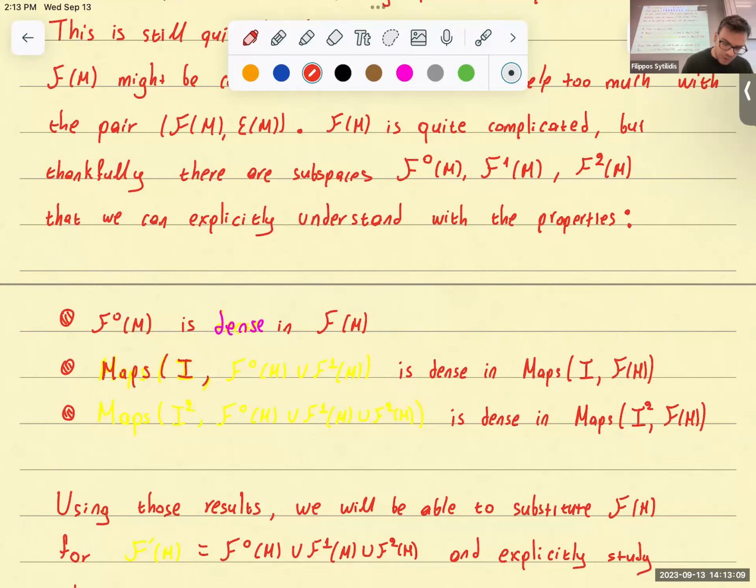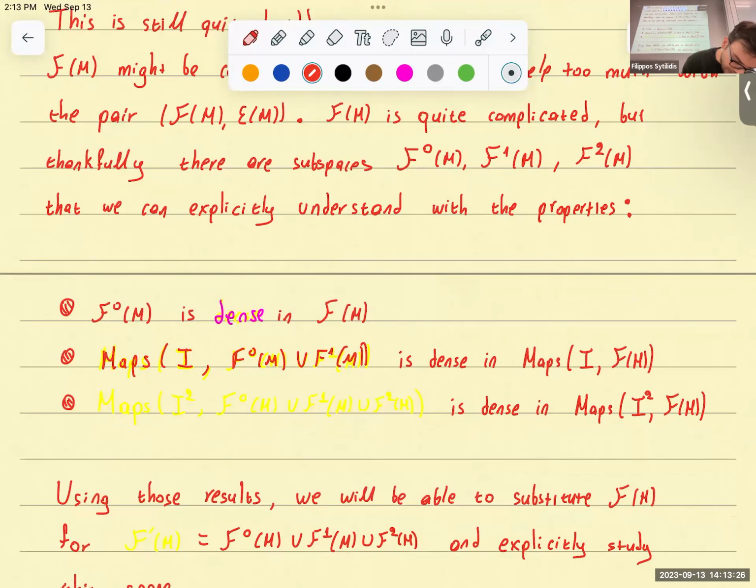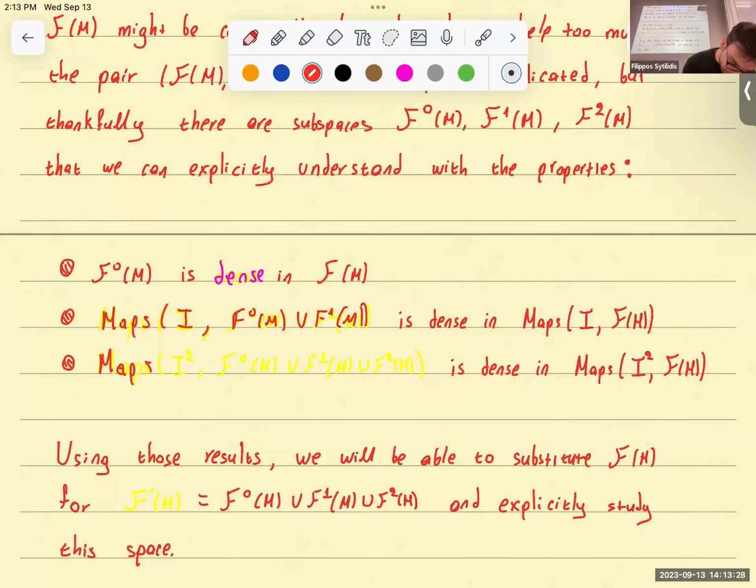And then if you look at paths in the space F0 of M union F1 of M, this is dense in the space of all paths in F of M. And likewise, if you look at two-parameter paths, so paths of paths, in F0 of M union F1 of M union F2 of M, this is going to be dense in the space of all two-parameter paths in F of M. That's what we are slowly going to build.